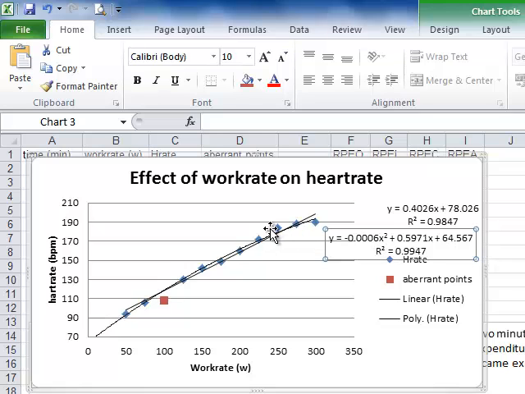But you can see that this is also an excellent fit to the data, and it's also a very good explanation of what might happen with reasonably fit sports science and health students, most of which are athletes taking part in various sports.